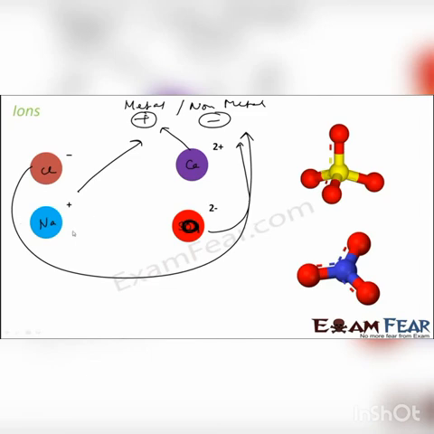Okay, so the one with the positive charge is called cation. The one with the negative charge is called anion. Anion is a negative ion.